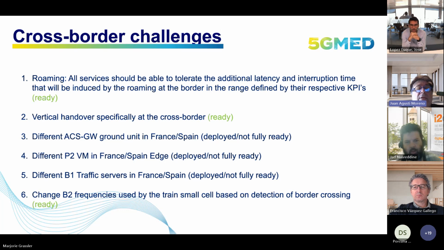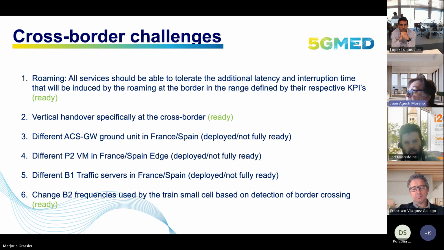And finally, we have a group of cross-border challenges related to LBO roaming that we need in order to accommodate the traffic in the corresponding countries. Those are the things that have to be accomplished with this LBO roaming in the network.